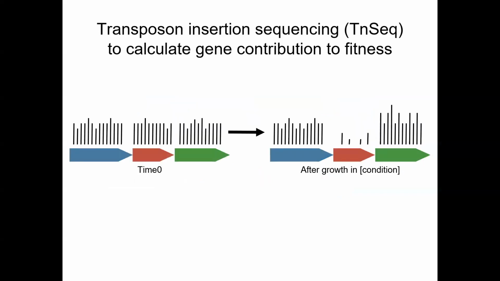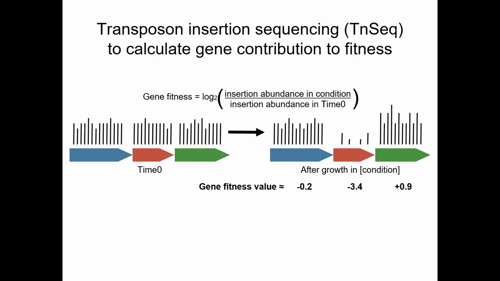And I'll just remind you that these are all relative measurements. And so using this simplified figure, where the vertical lines here are representing essentially the counts of many independent transposon insertions throughout these 3 non-essential genes, you can infer gene contributions to fitness by changes in the relative abundance over time. So for genes such as this red one that are important for growth, the final population will be depleted in insertions in that gene.